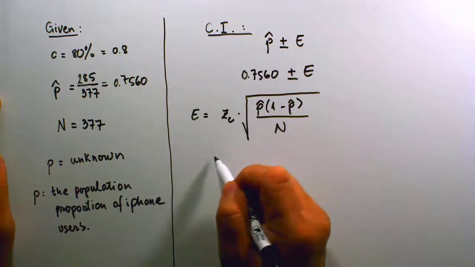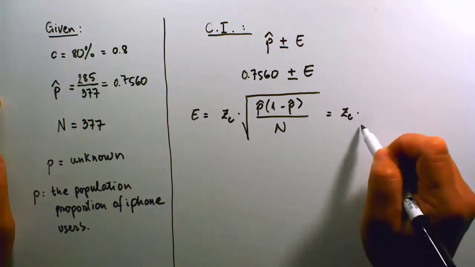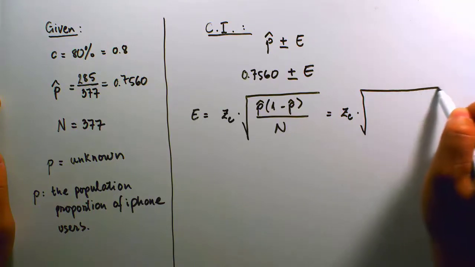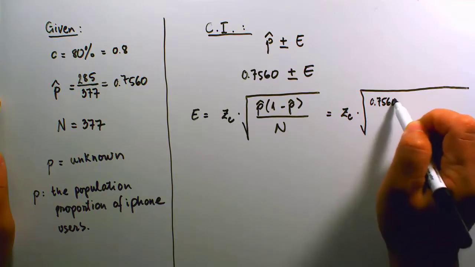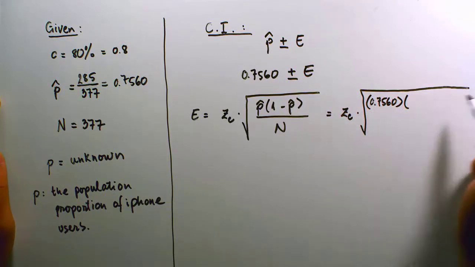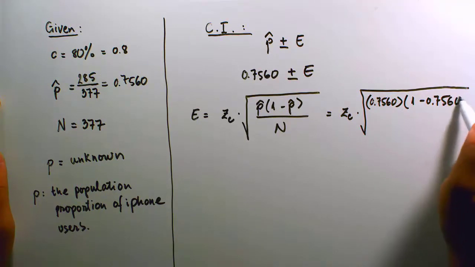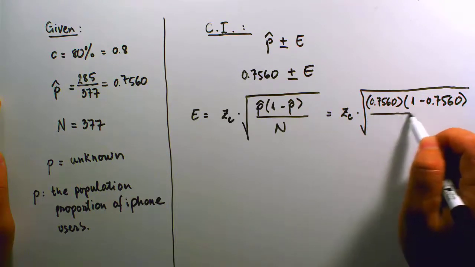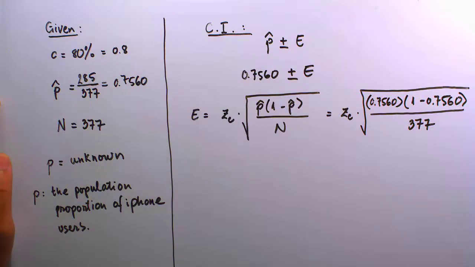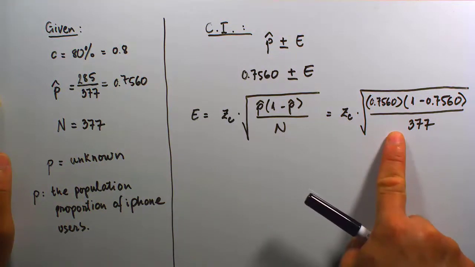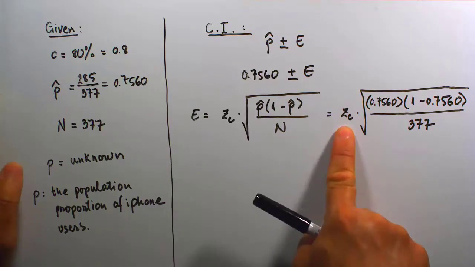Here, we're looking at the z sub c value multiplied with the square root expression, and inside of that we have 0.7560 multiplied with the expression 1 minus 0.7560, and all of that divided by our sample size being 377. So we're almost complete with that formula to calculate margin of error. What we're currently waiting for is a value for z sub c.